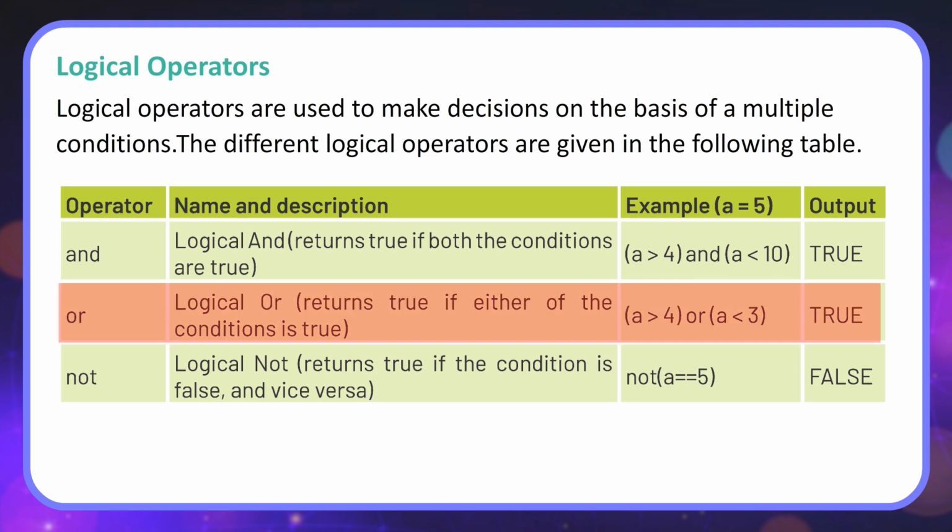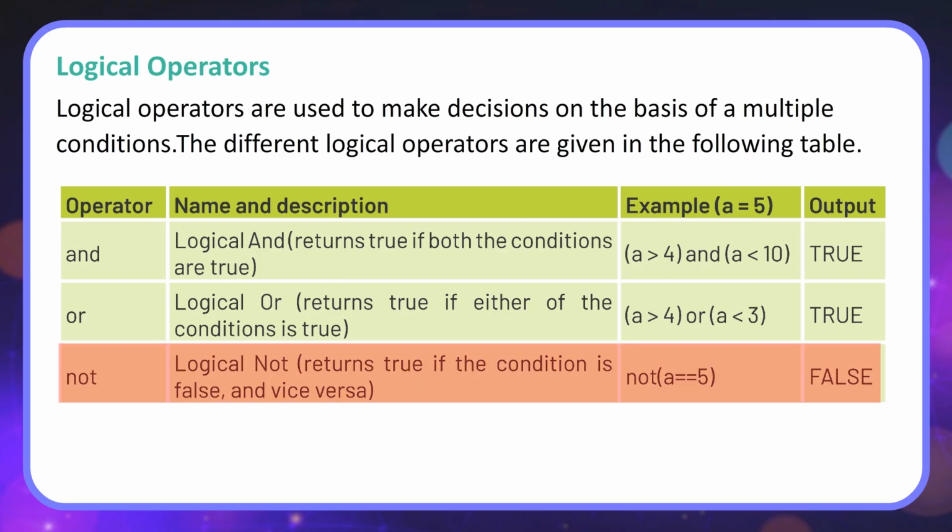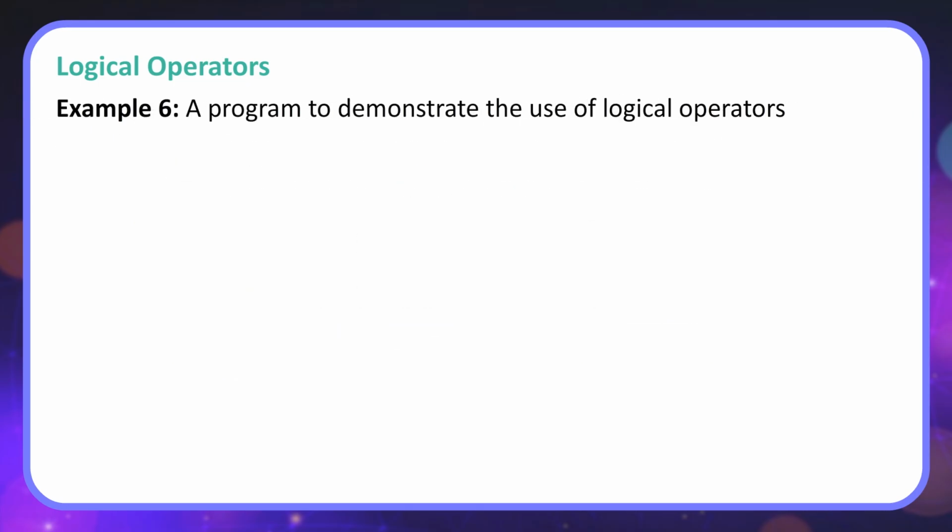Or, logical OR, returns true if either of the conditions is true: A greater than 4 or A less than 3, true. Not, logical NOT, returns true if the condition is false, and vice versa: not A equals 5, false.